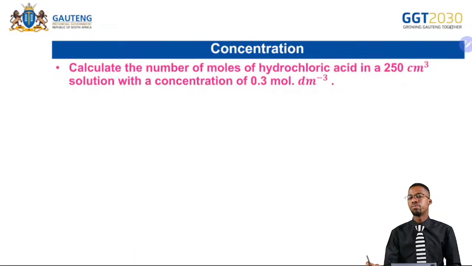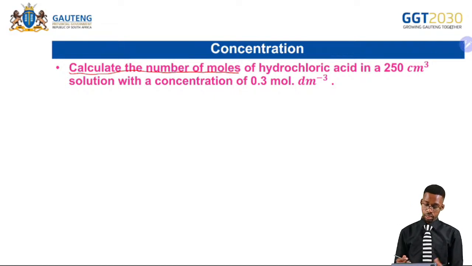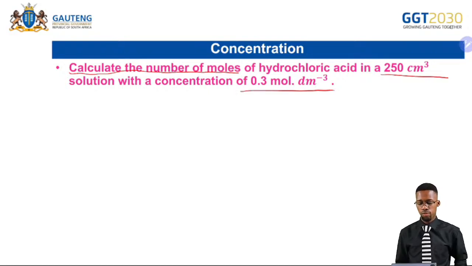So let's move on. Here is another situation. Calculate the number of moles. You see, now we are playing with the formula. Calculate the number of moles of hydrochloric acid, provided that we are given the volume, which is 250 centimeter cube, and the concentration of the solution is 0.3.